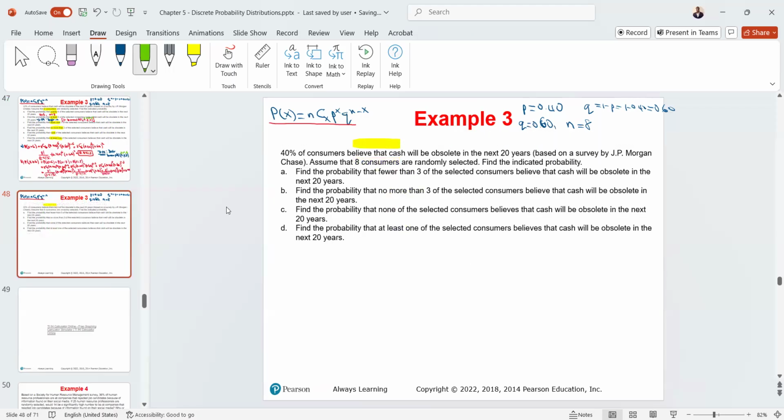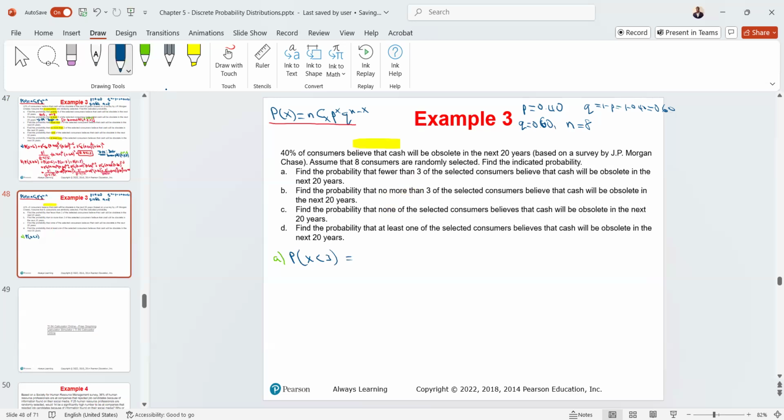Now it says find the probability that fewer than 3. Look here, fewer than 3, I'm going to use green. Fewer than 3 means the probability that X is less than 3.